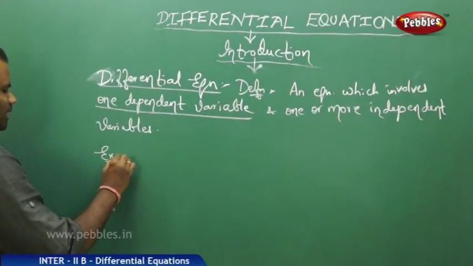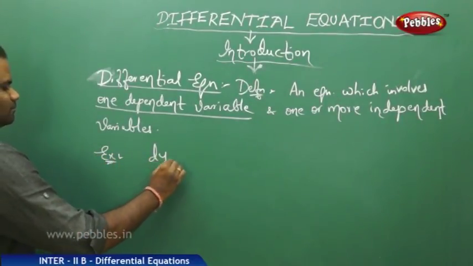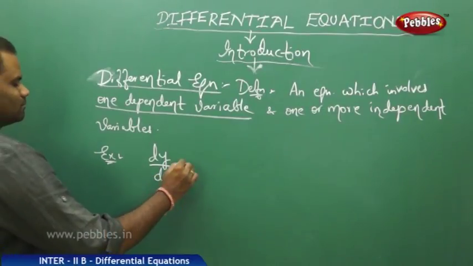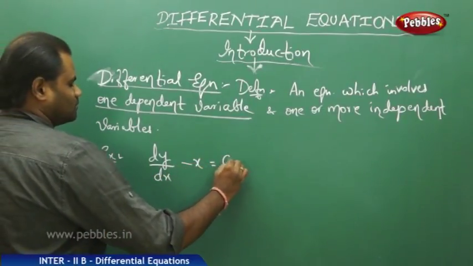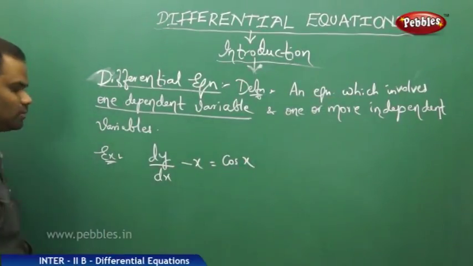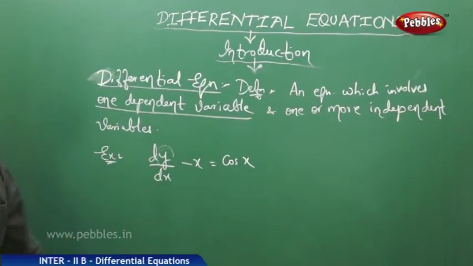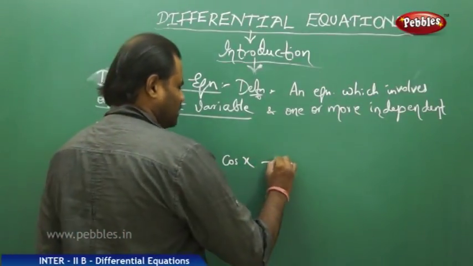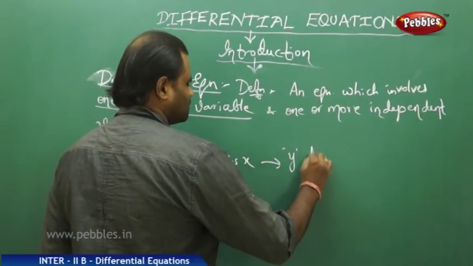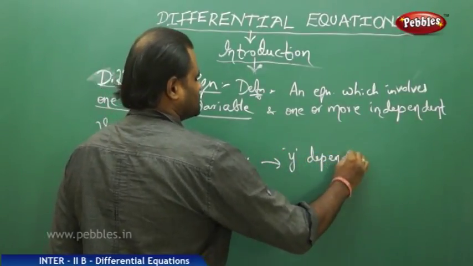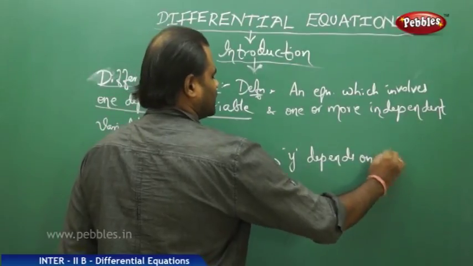Say for example, I have dy by dx. Now here I clearly see that this is a differential equation because y depends on x, that is, the derivative of y with respect to x. Here we have y which depends on x.